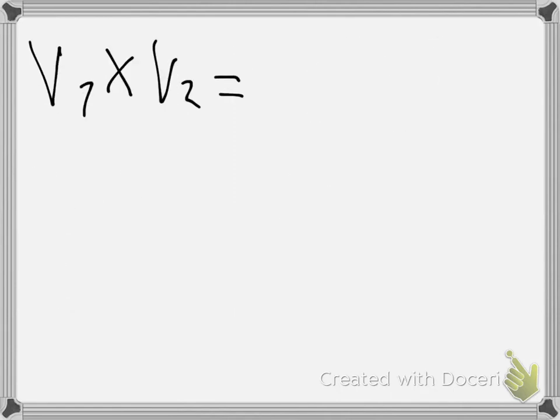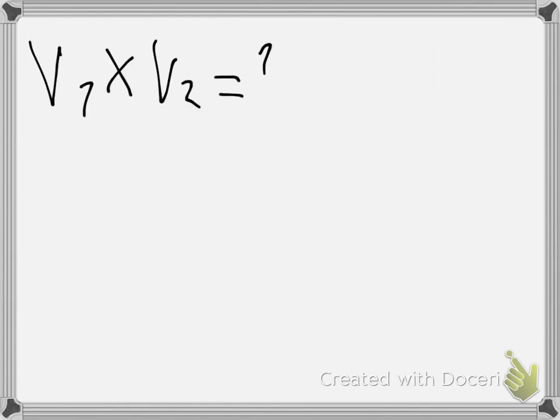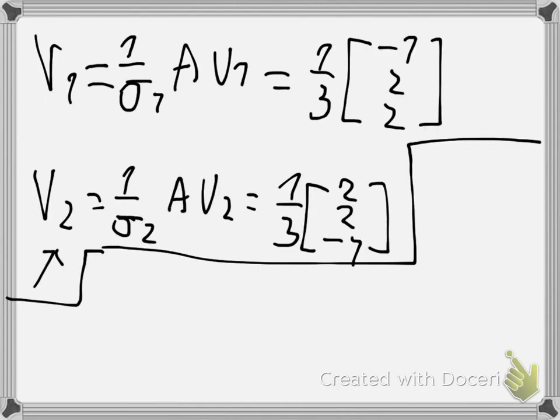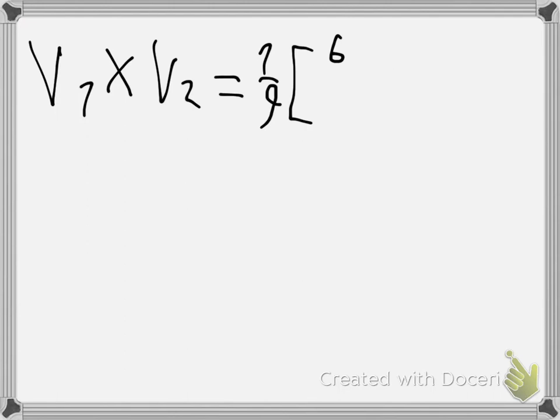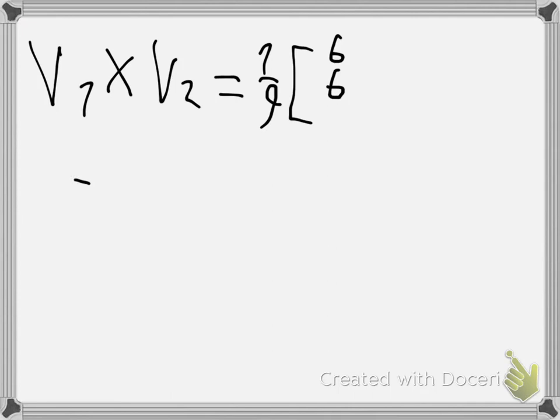So we will get, if you do the cross product, you get 1/9 times 4 plus 2, which will be 6, 4 plus 2, which will be 6. Or let me rewrite it. Sorry.